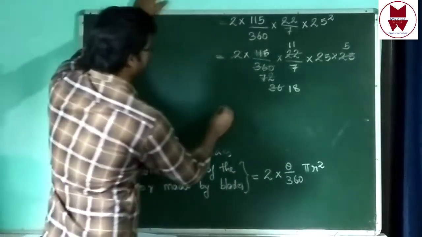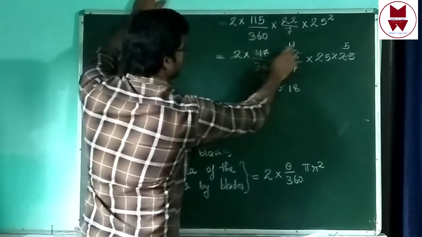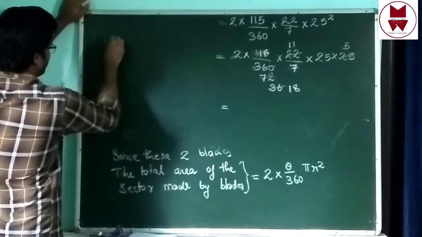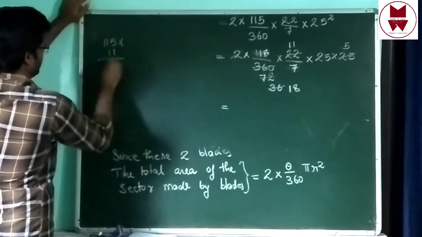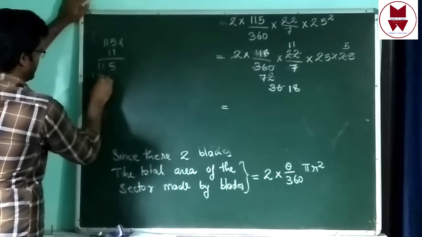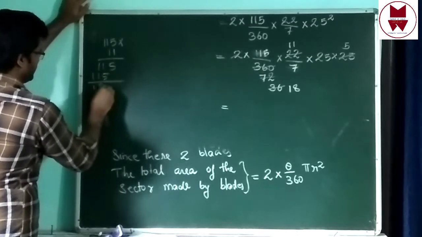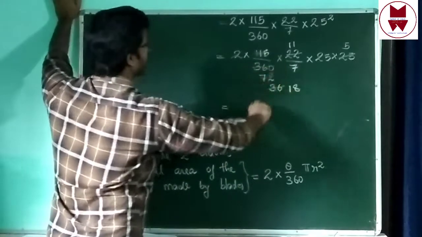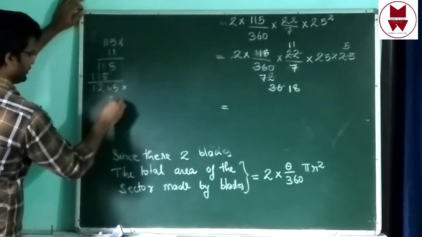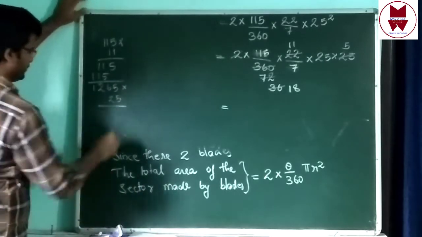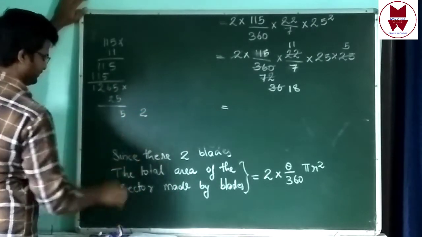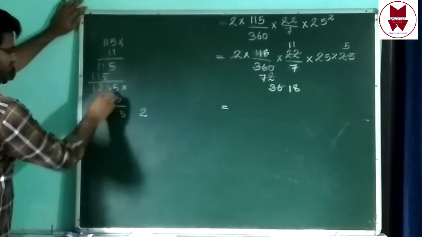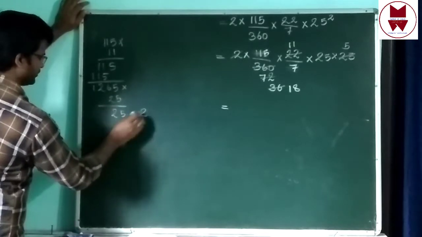Now remaining numbers you can multiply: 115 into 11 into 25 into 5. Let's multiply all the numbers. 115 into 11. 115, 115, 1, 2, 6, 5 into 25. 5 into 5, 25, remainder 2. 5 into 6, 30 plus 2, 32.